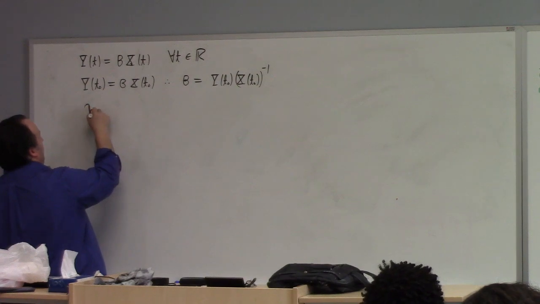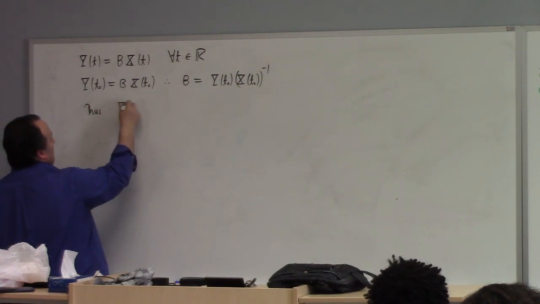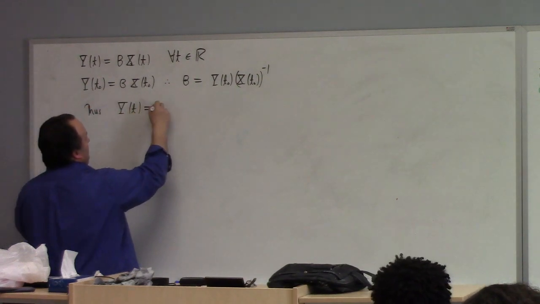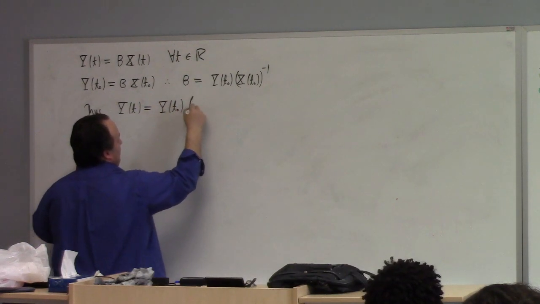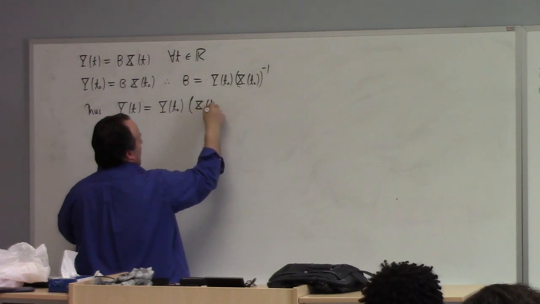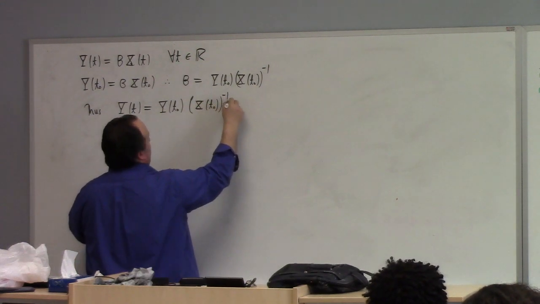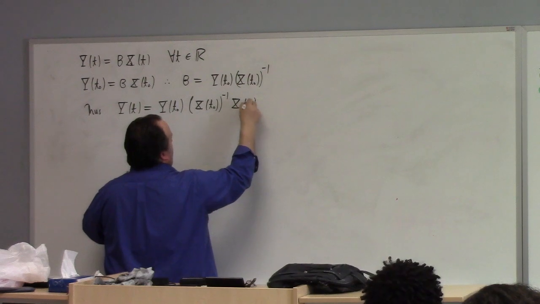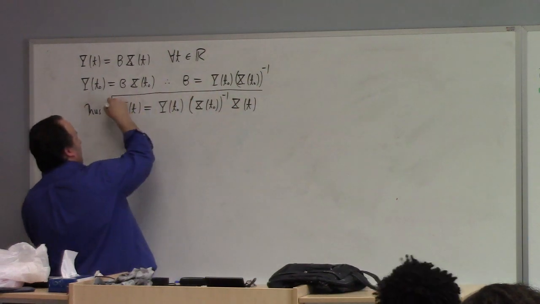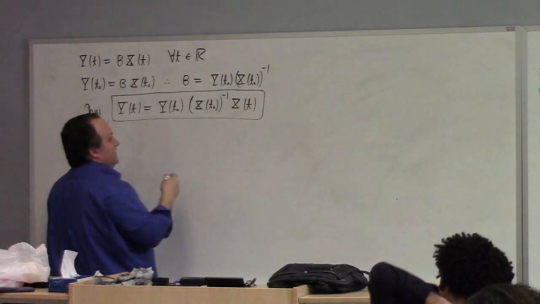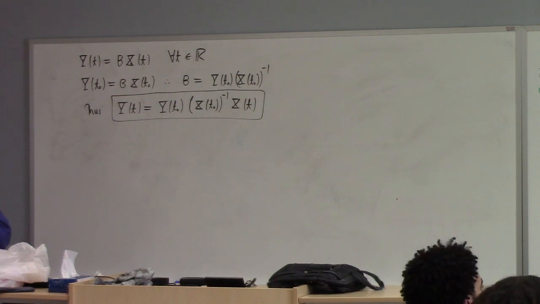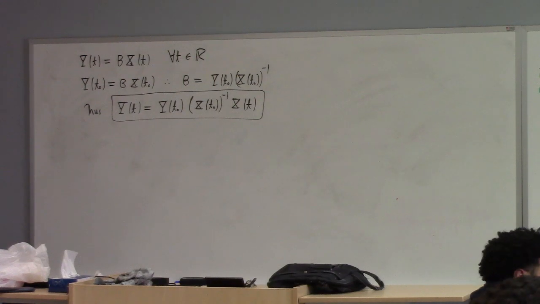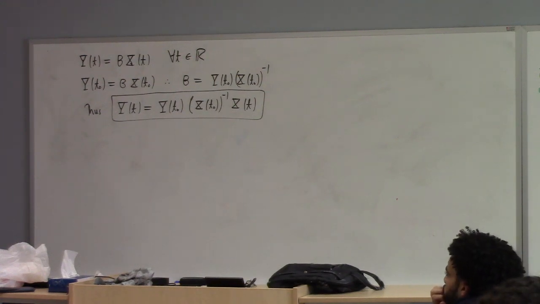Thus, Y of t can be written as Y of t naught times X of t naught inverse times X of t. That actually gives you a specific prescription on how to calculate the matrix which relates the two fundamental solution sets.